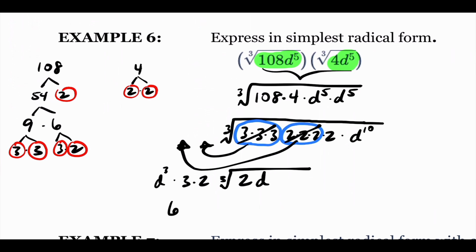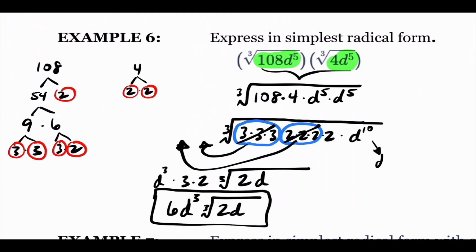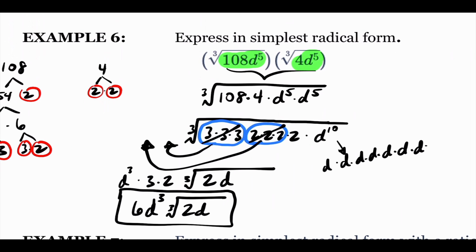So I get 6D to the third root 2D. Right? Because that D right there is D, D, D, D, D, D, D, D, D, D, 1, 2, 3, 4, 5, 6, 7, 8, 9, 10.